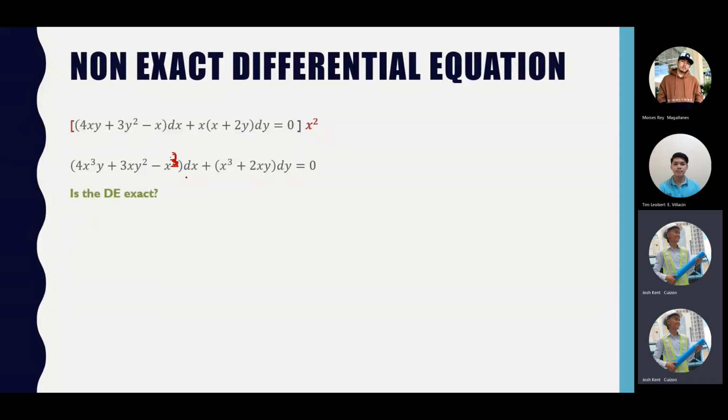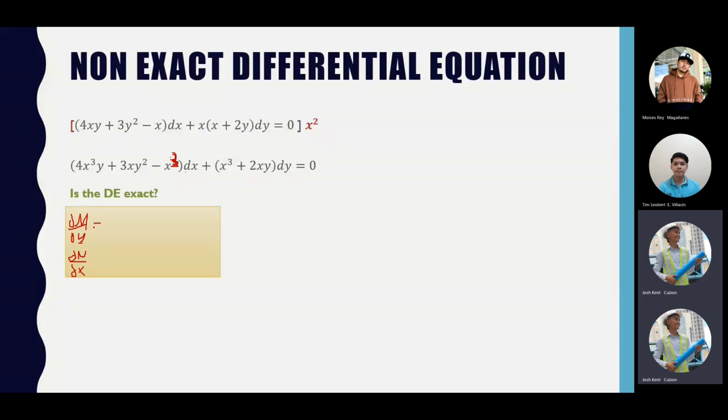So now we ask the question, is the given DE exact? So let's test again. Partial of m with respect to y and partial of n with respect to x.